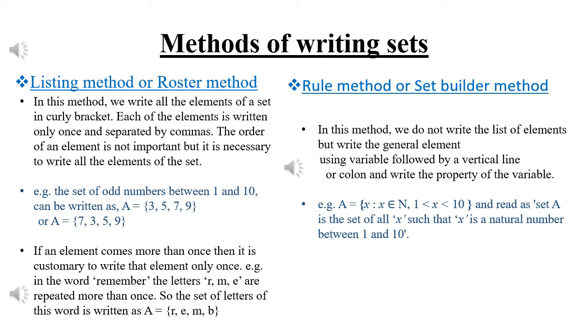So exactly what is the meaning of this given set? It means that x is nothing but the description of one element in the set. So x is one of the elements in the set which belongs to N, means this set comprises natural numbers.